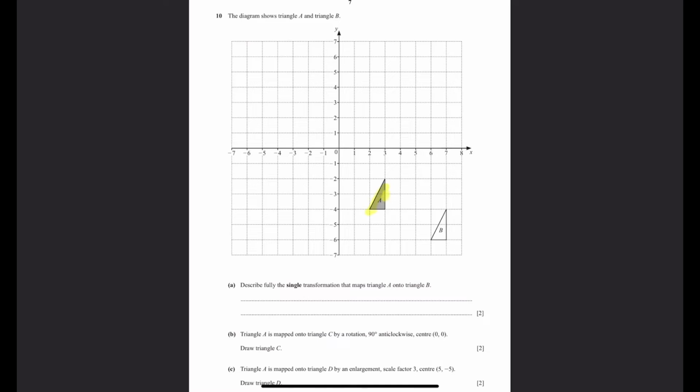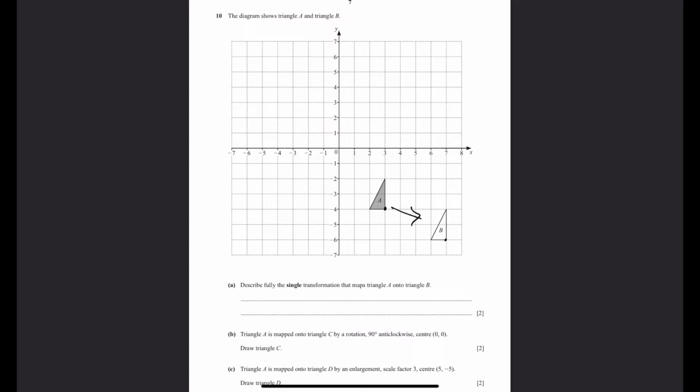I mean, this triangle A maps to triangle B. So if we see from here to here, let us count this point and this point. This is the same shape, so it's a translation.